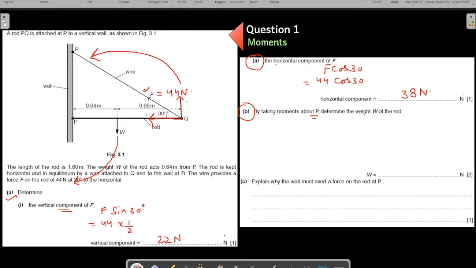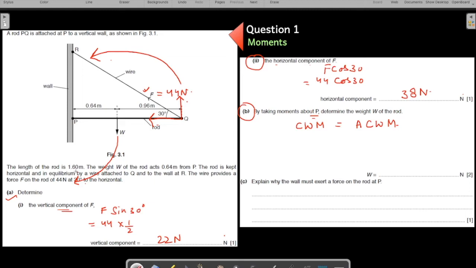Do you identify any other forces? No. Right? So clockwise moment has to be equal to anti-clockwise moment. Why are we using this equation? Because the question says that the rod is in equilibrium.